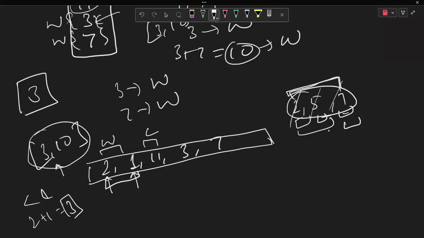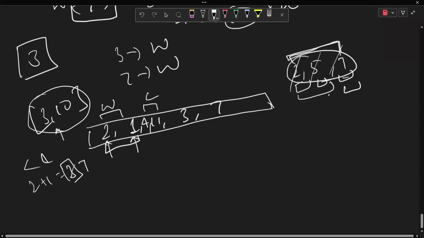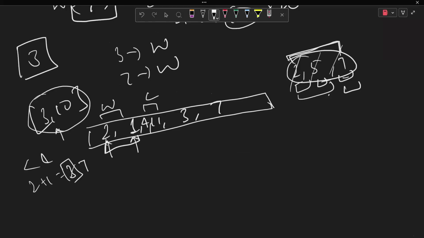Now it's your choice. Maybe if you had, let's say, a 4 here, you could have included that 4 and made it 7. That was also a valid combination for here. But is it actually needed to add that 4? If you already have a winning group with these two numbers, why include that 4?